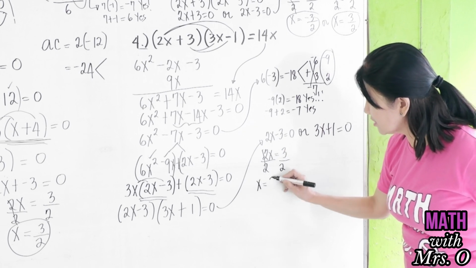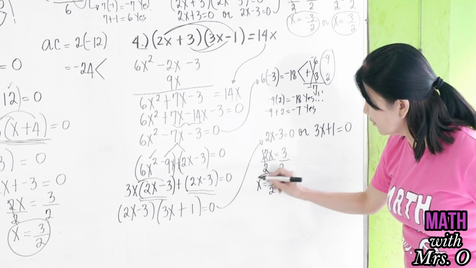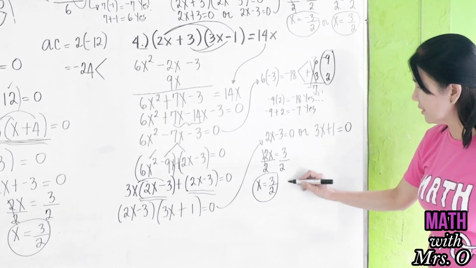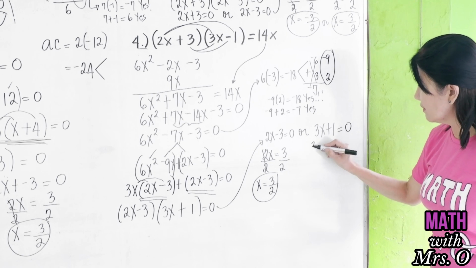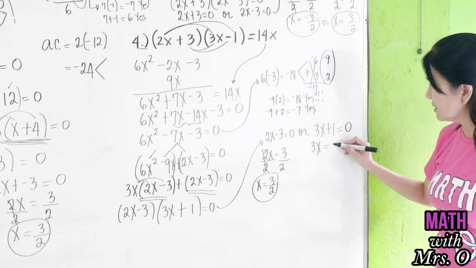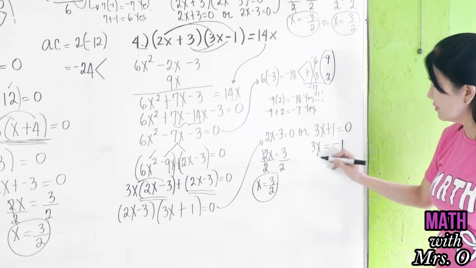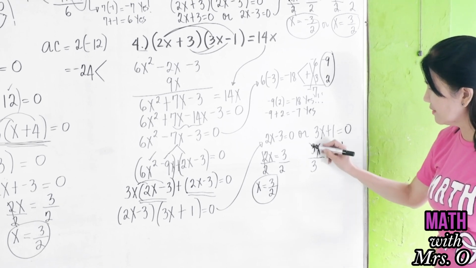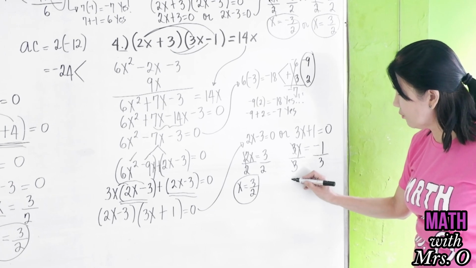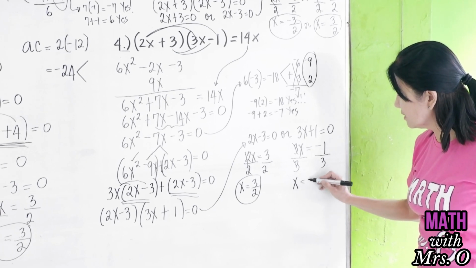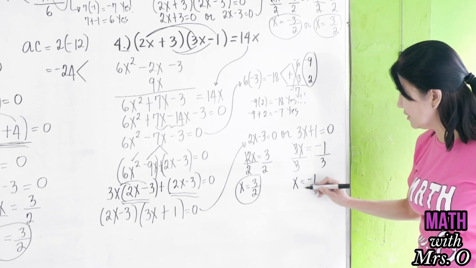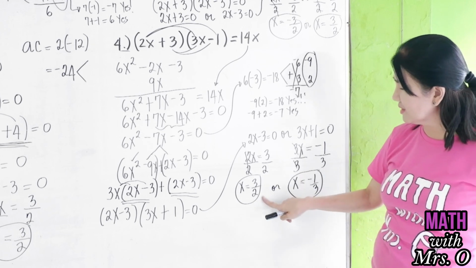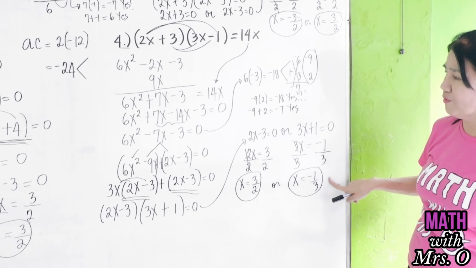I'm doing it faster now because this is already the fourth example. There, x equals 3 halves, or 3x equals negative 1. To isolate x, divide both sides by 3, you cancel the 3, you get x equals negative 1/3. The answer is x equals 3 halves, or x equals negative 1/3.